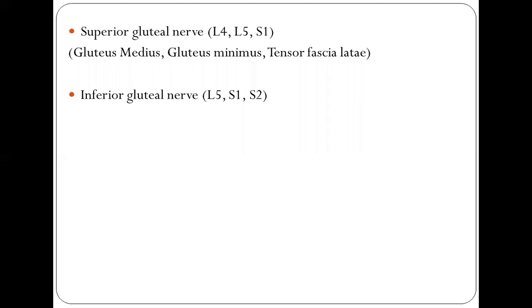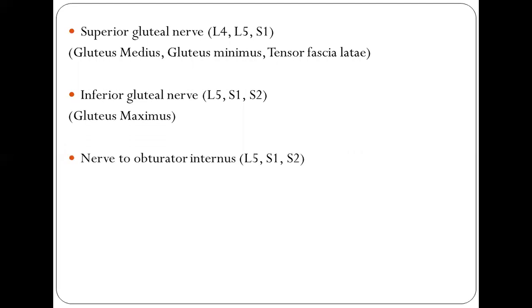Okay, now another person can answer. What is the muscle supplied by nerve to obturator internus? Yes, anyone else? This is a very easy question, I think. Anybody? Yes, Nidinem can answer.